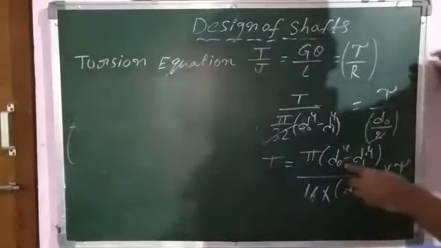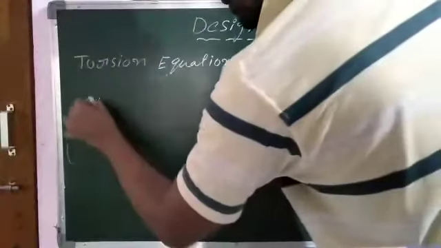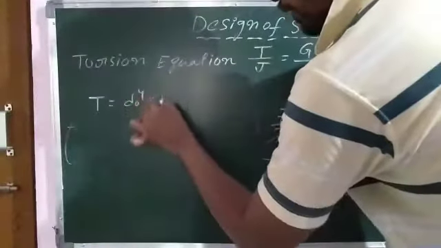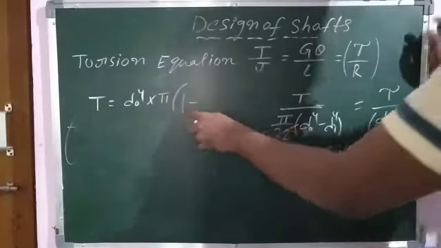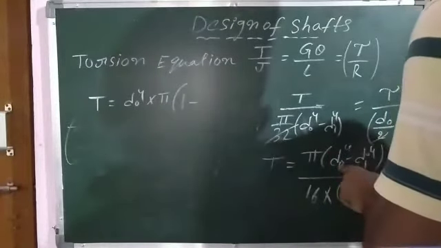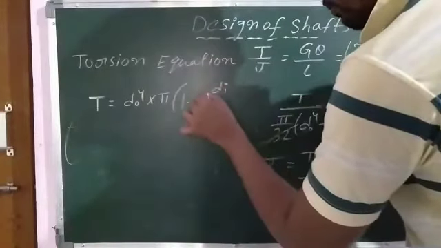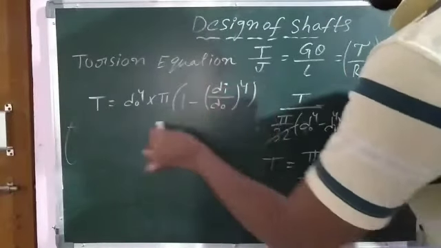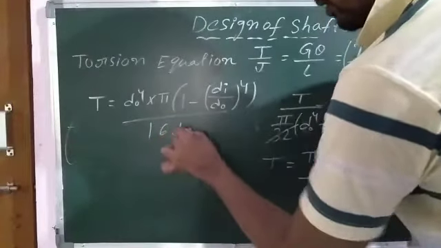Now taking d naught power 4 common, T is equal to d naught power 4 into pi into 1 minus, since we have already taken d naught power 4 as common, the remaining di power 4 divided by d naught power 4, divided by 16 d naught.